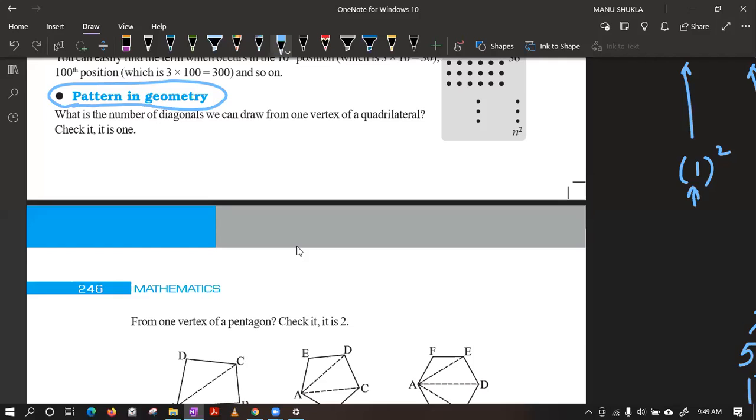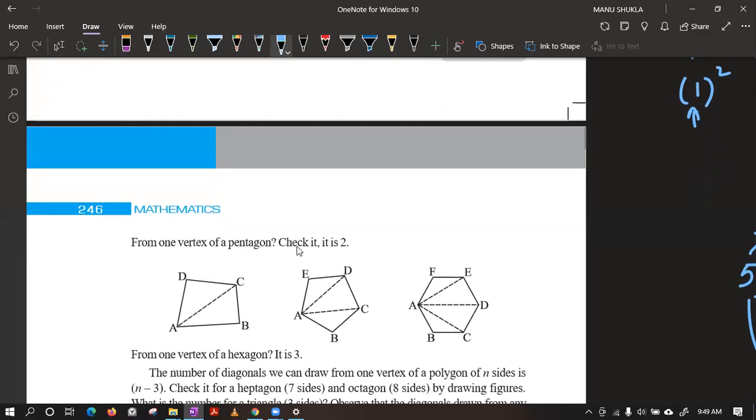The question they are asking is, what is the number of diagonals we can draw from one vertex of a quadrilateral? If it is a quadrilateral, from one vertex you can draw only one. If it is a pentagon, using a vertex, you can draw two diagonals.